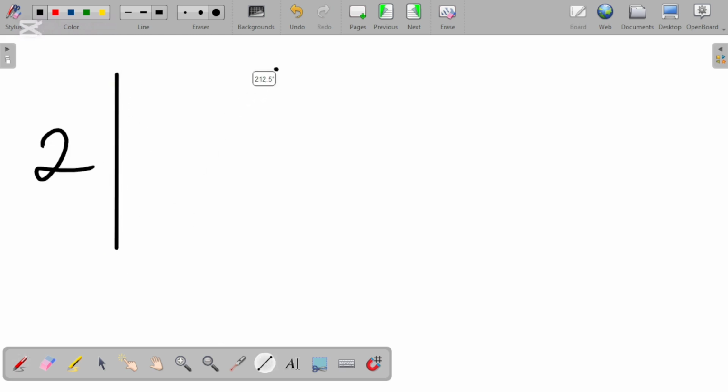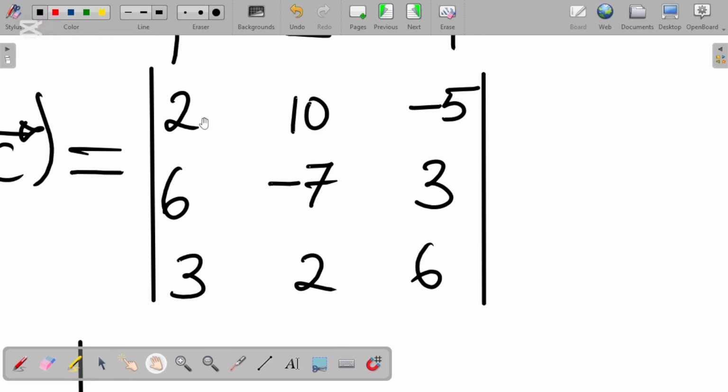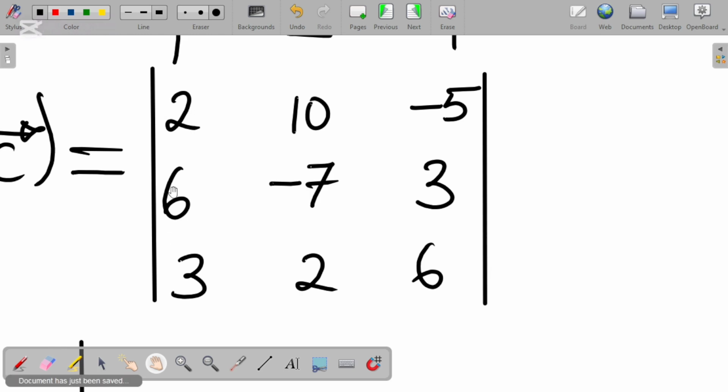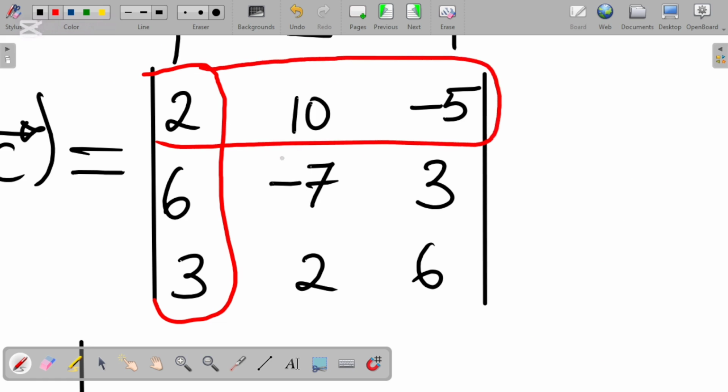For 2, we are going to eliminate the horizontal and the vertical related to 2. The number left is what we are going to write there. So we have here negative 7, positive 3, positive 2, and positive 6.